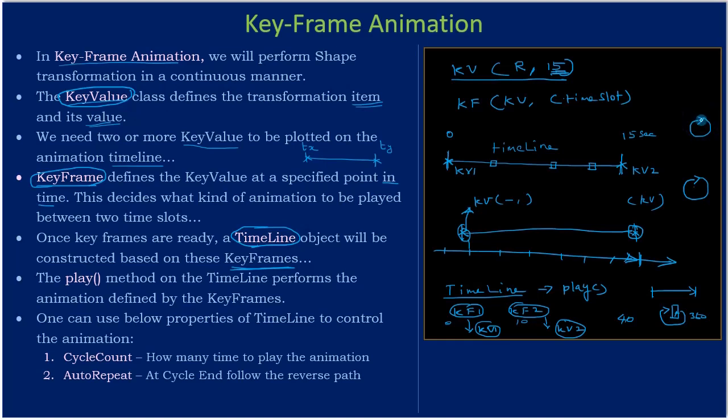That means from 360 it will come back to the 0th degree. So this will be one cycle, and if you say auto reverse, the path will be in the reverse direction and it will end here. So that's what auto reverse does. And the auto reverse is counted as one more cycle.